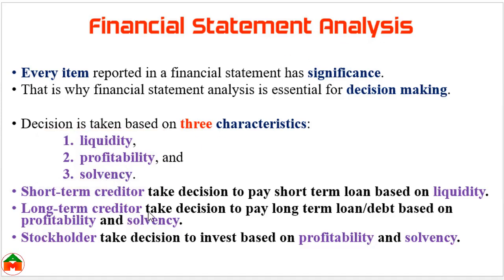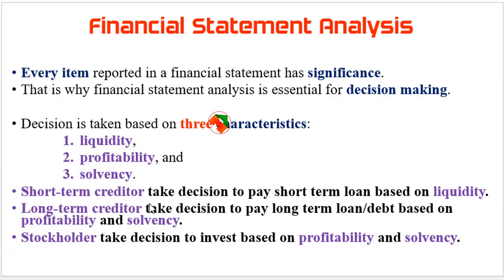The short-term creditor takes decisions on the basis of liquidity of a company, and the long-term creditor takes decisions on the basis of profitability and solvency, and the stockholder takes decisions on the basis of profitability and solvency.